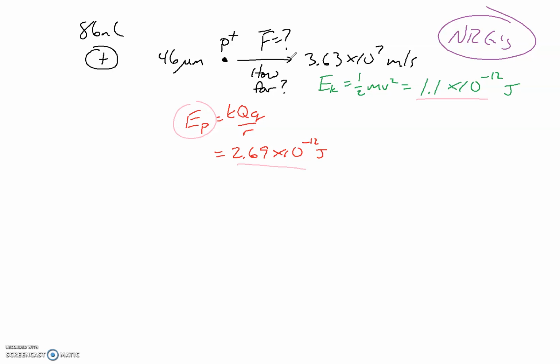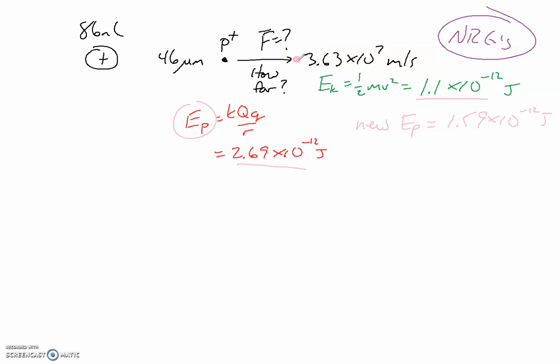So if I subtract those two, I can find my new potential energy, which would be around 1.59 times 10 to the negative 12 joules. So that's the potential energy at this location.